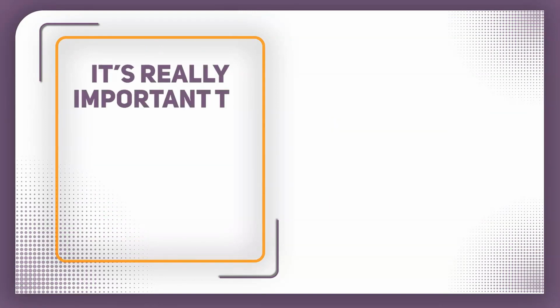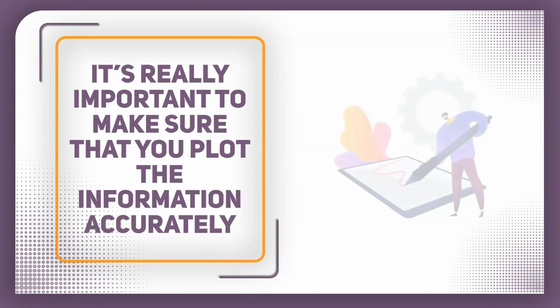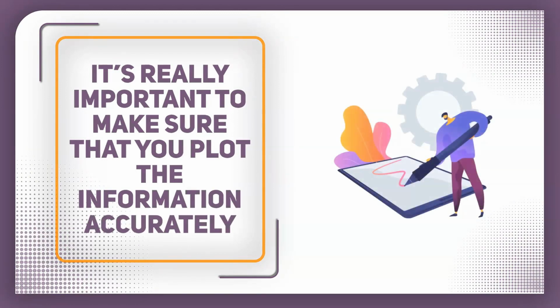It's really important to make sure that you plot the information accurately and that you sense check the figures that you read off the graph by calculating them using the formulas for break-even point, the margin of safety, and profit, all of which we've looked at in previous videos. And that's everything that you need to know about a break-even chart.